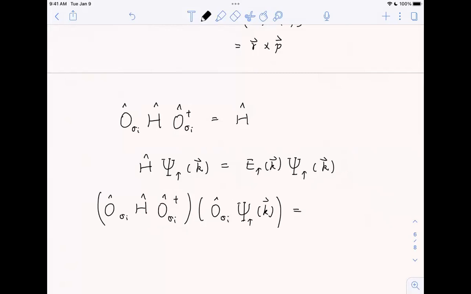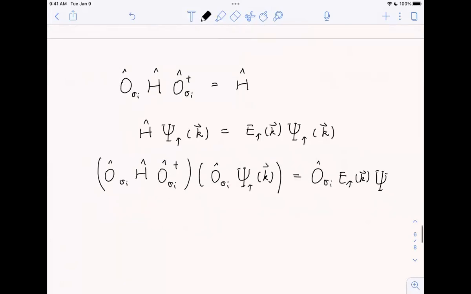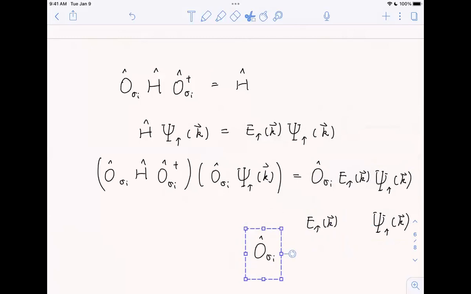Here you have the energy, which is a number, so you can always reverse it. And this one is just the Hamiltonian, which is the same.